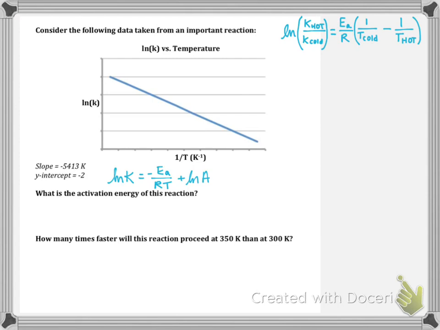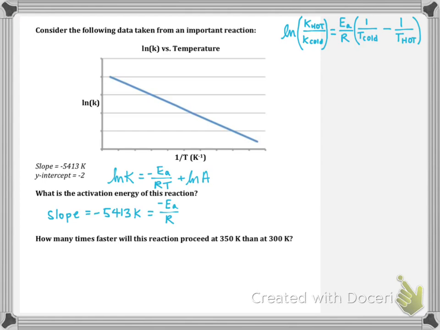So we'll need to use the slope, and as you saw before, the slope, which is equal to negative 5413 Kelvin, is equal to negative activation energy over R. Okay.